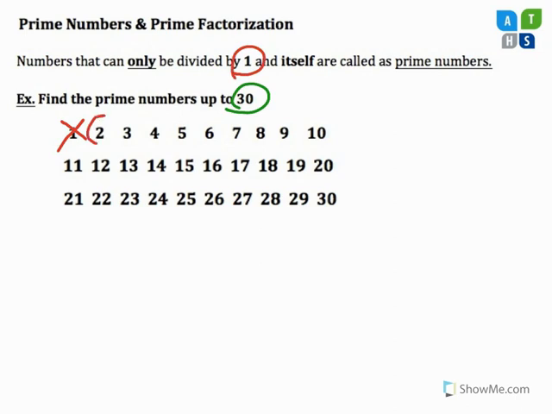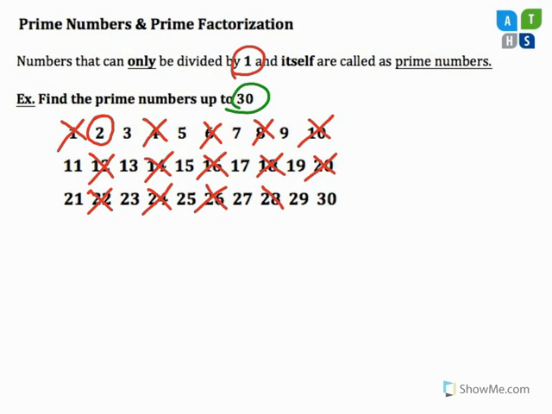Now 2 is a prime number because it is divisible by 1 and itself only. Before going through 3, we can say that 4, 6, 8, all the multiples of 2, meaning all the even numbers, can be cancelled because they are divisible by 2, so they are not prime numbers.